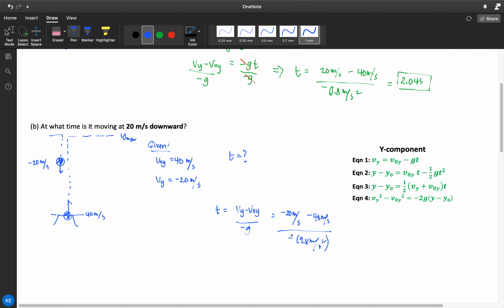Yung negative is simply mag-cancel out sa negative sa denominator. So you'll have 60 divided by 9.8. So you'll have 6.12 seconds.